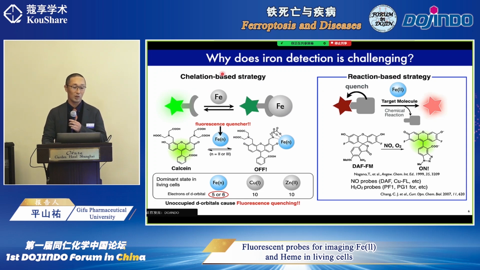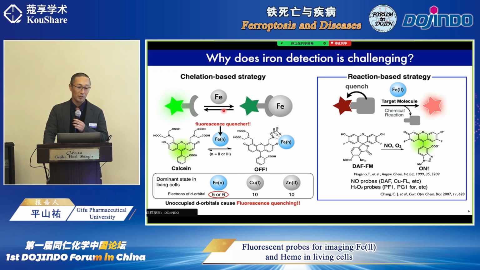The chelation-based strategy is a general design strategy for the metal cation fluorescence sensing probe. A fluorophore is tethered to a chelation moiety. And when the chelation moiety binds to metal cation, the fluorescent property is changed, and we can see the fluorescence change upon binding to the metal cation.